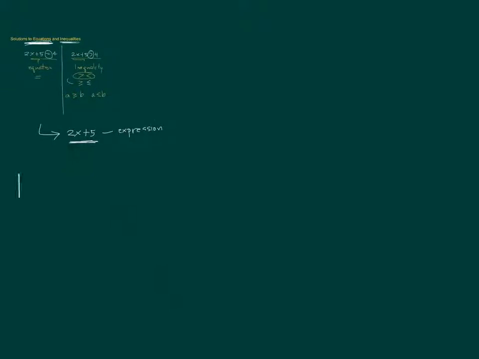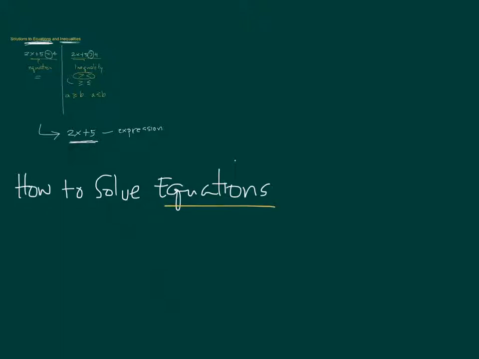So how do we solve? How to solve equations? First, the most basic idea of equations is that you're trying to maintain a balance. You can imagine an equal sign as the one maintaining the balance.